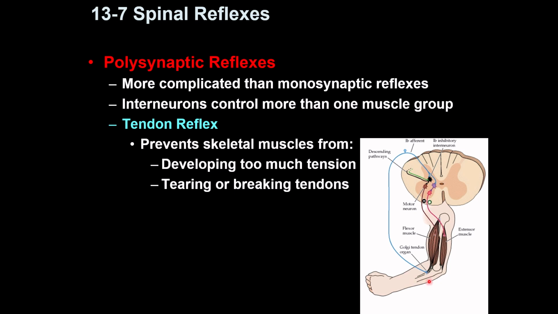For example, you are lifting something that is very, very heavy. There's too much pressure there, and sensory signals are sent to the spinal cord. This is the cell body outside of the CNS, and sensory information goes to the dorsal horn, and you have the interneurons here, and then it connects with the motor neuron.